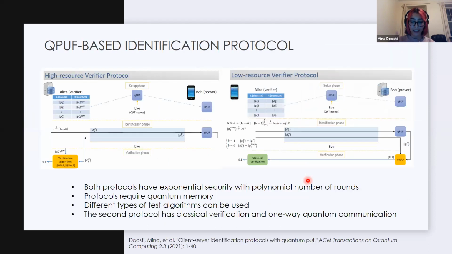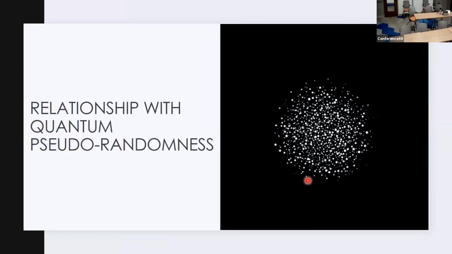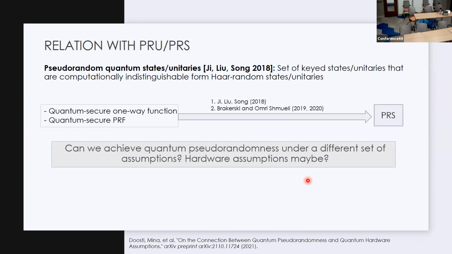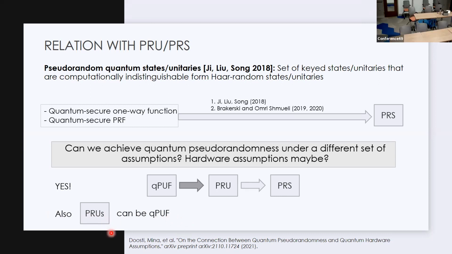So you mean the latest result on the relation between pseudo-random quantum states and quantum PUFs? Yeah, I think I talked about this direction, that pseudo-random unitaries can be quantum PUFs. I think later on you were talking about getting from pseudo-random states to quantum PUFs, right?